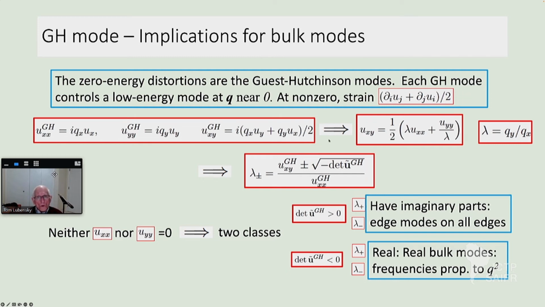And you can take this and ask, can I calculate what QY over QX is? Well, just from these equations, we can find that UXY is equal to 1/2 lambda, where lambda is the ratio, UYY over lambda.